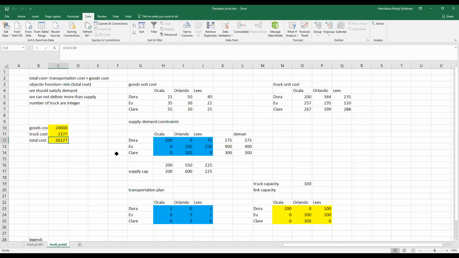The number of trucks will be increased. Yes. As you see, the goods cost is the same, 24K in both, but the truck cost is more, because if you have smaller trucks, you need to use more trucks. The truck unit cost is the same, but you need to send more trucks. So that's the reason your truck cost is more.